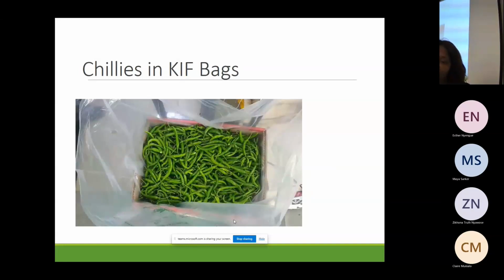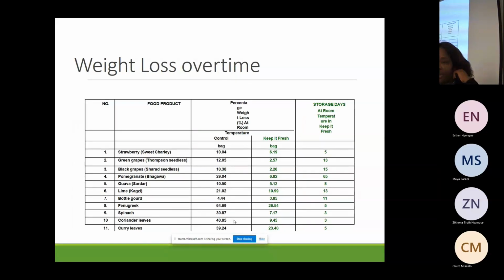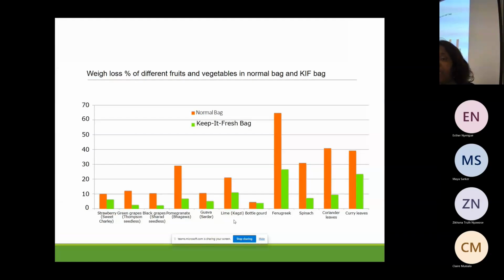And if you look at them after you open, you see that the chilies are looking very fresh from the bag. The company also looked at different food products, at the temperature in a bag and the temperature without a bag, and they realized that there was an extension of shelf life.